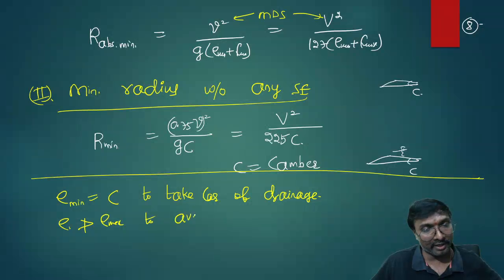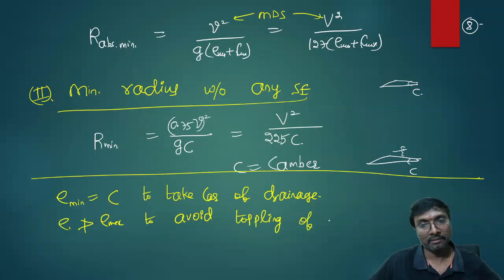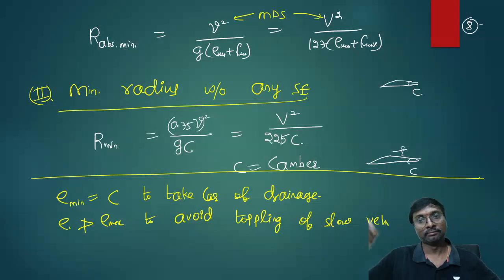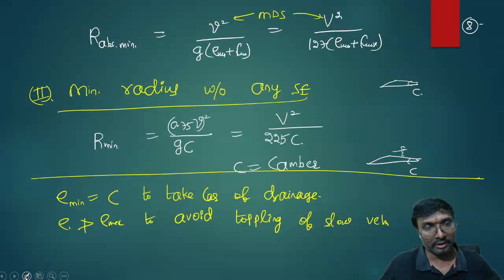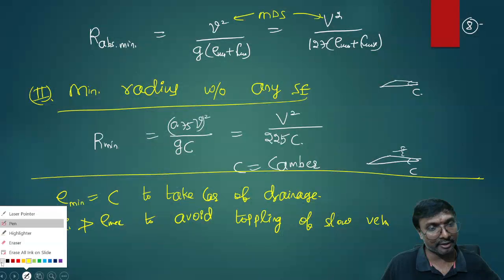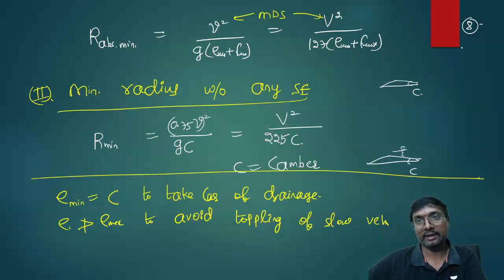To avoid what? To avoid toppling or overturning of which vehicle? Slow vehicles.